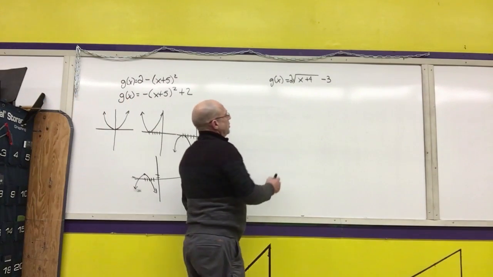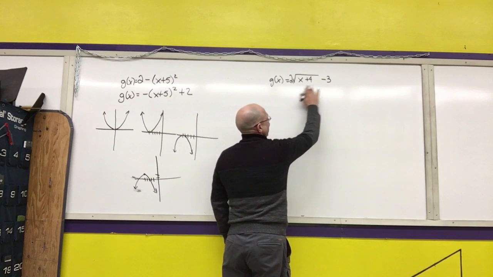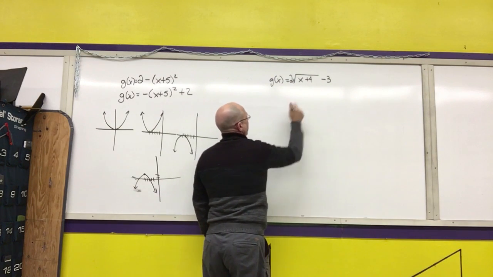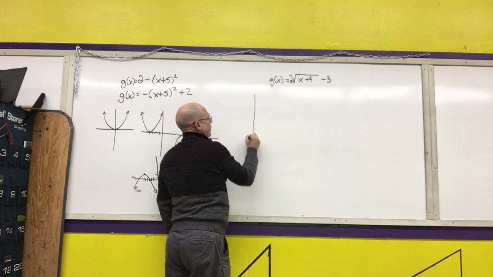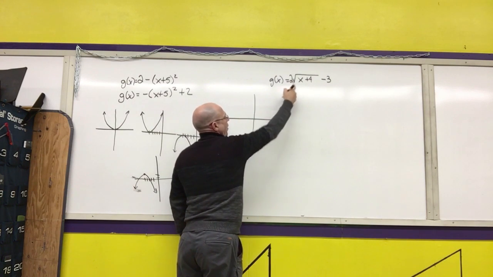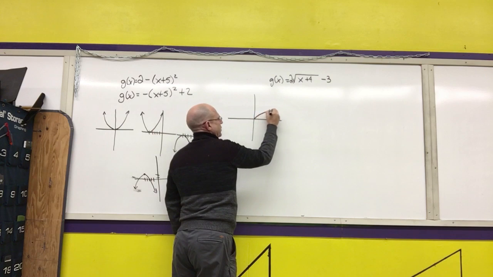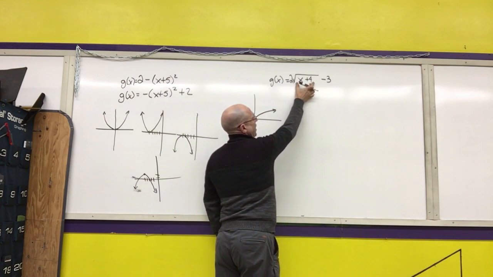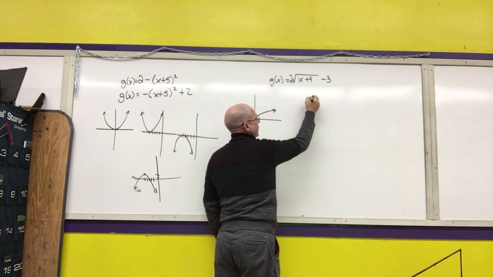For the second function, it was already written in that standard form. So our first thing we're going to do is we are going to graph the parent function, which is y equals the square root of x, which looks like that. Then we are going to shift the graph 4 to the left.